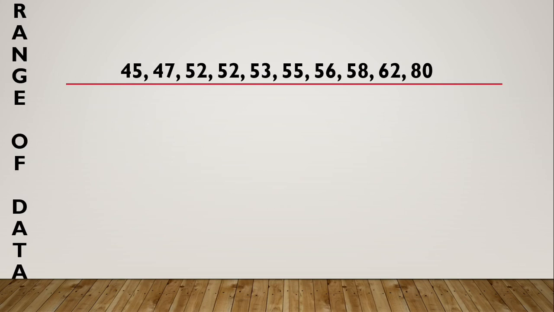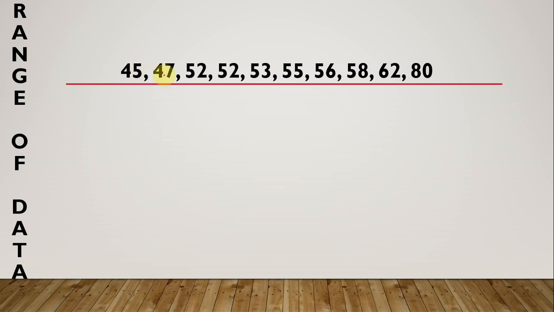So para po maintindihan, meron ako ditong ni-ready na example. We have here the set of data. Those are 45, 47, 52, 52, 53, 55, 56, 58, 62, and 80. So again, quartiles are the values that divide the data into 4 equal parts. And para makuha natin yung interquartile, divide po muna natin siya into 2.